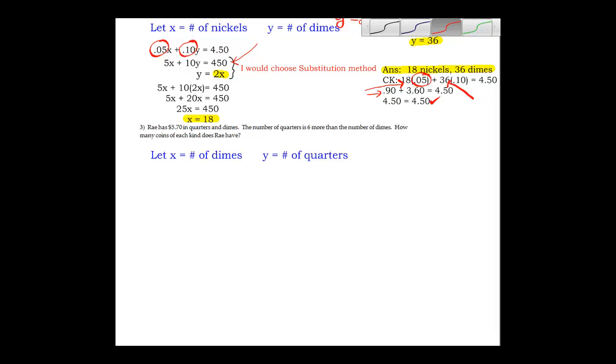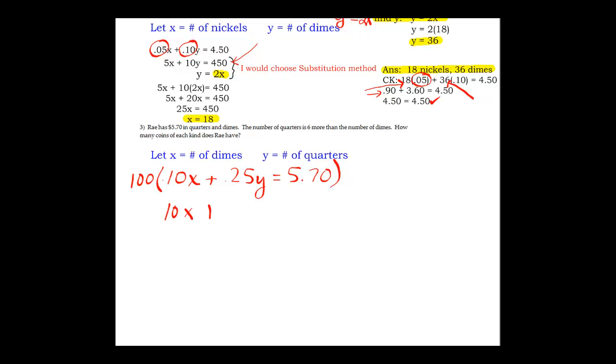So the first equation will look something like this. There's my dimes, adding it to my quarters has a value of $5.70. I want to multiply through by 100 to get rid of those decimal points. Makes your life a lot easier.